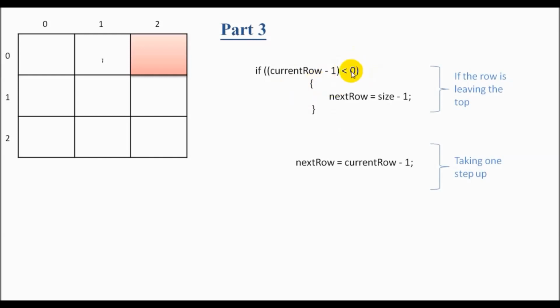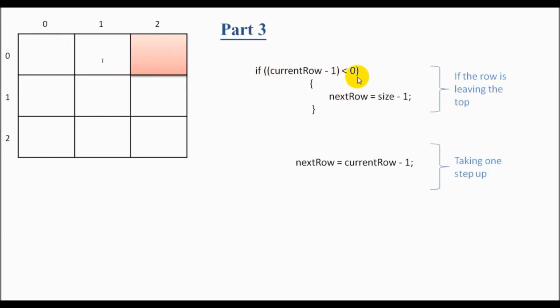Why must it be less than 0? 0 is the very top row of our matrix. So when we are decrementing our current row by 1, that means we are taking one step up from our current row. If that is less than 0, that means our row is leaving the top.